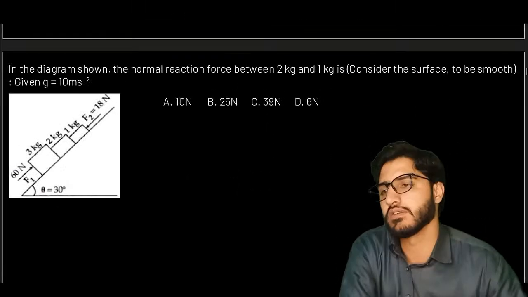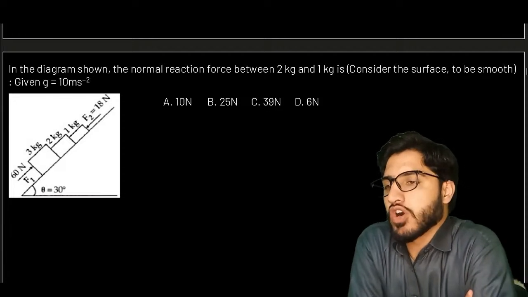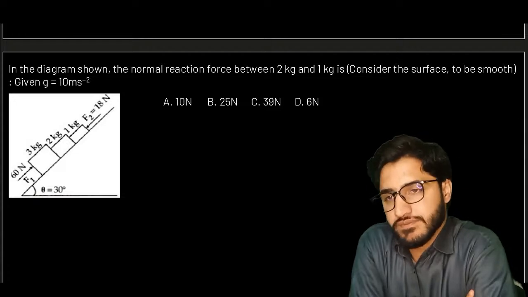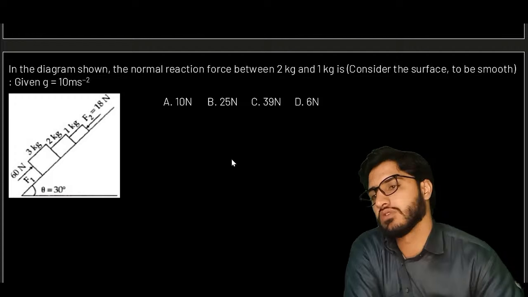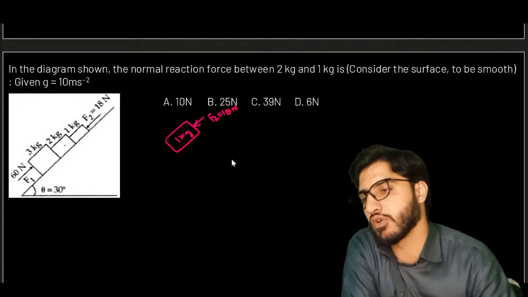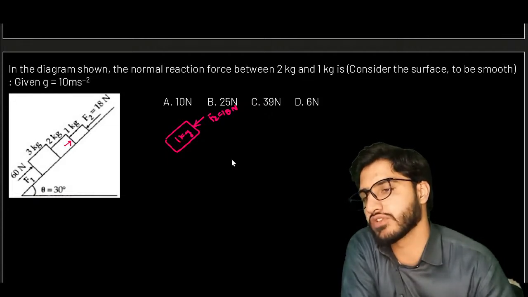Next numerical. In the diagram shown, the normal reaction force between the 2 kg and 1 kg blocks is to be found. So I will take the 1 kg block. It will have force F2, that is 18 newton. The other body will just act as an internal force to it. So I will have the force F, let us suppose this is F. One more force will be downward, that is mg sine theta.